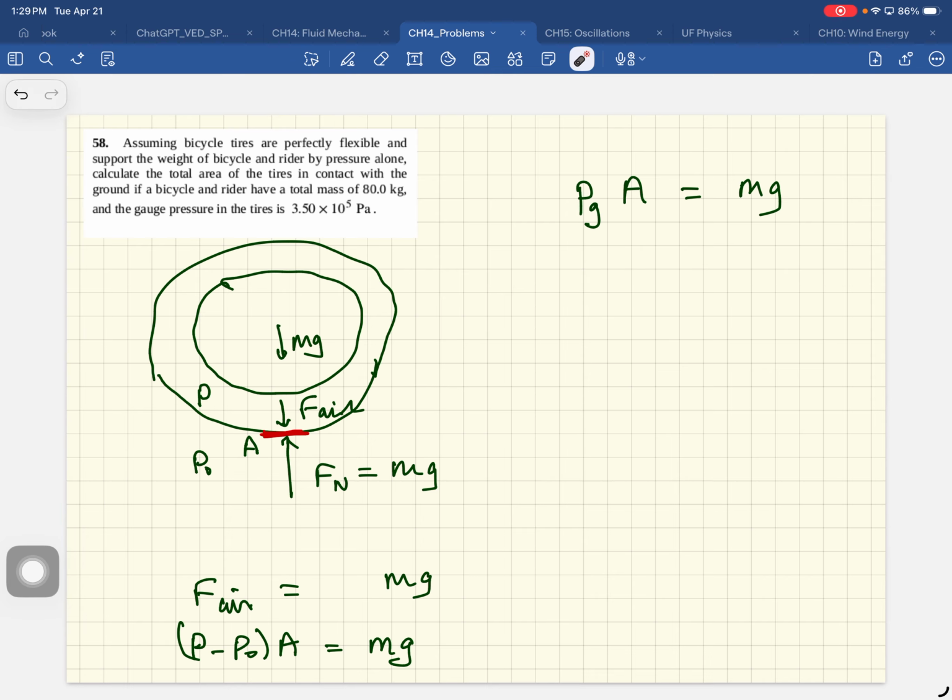So again, if you want to support more weight, you can increase the pressure in the tires. If you keep increasing the pressure, your valves had better be good. And there's only so much pressure you can increase, and so then you'd have to increase the area of the tires.